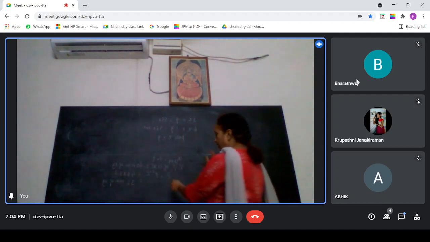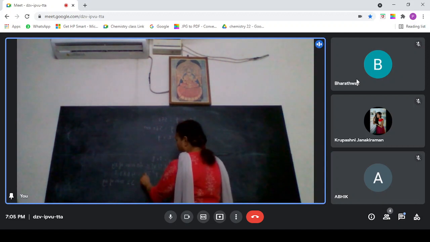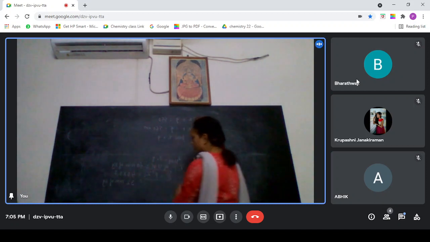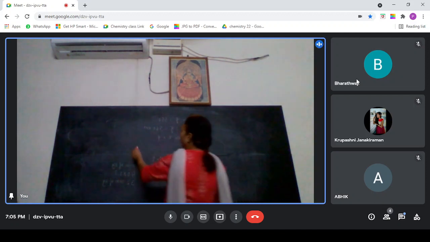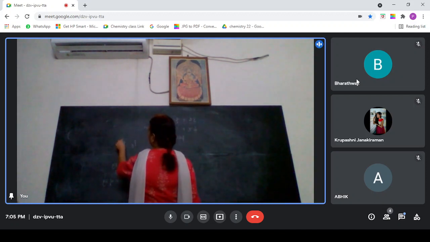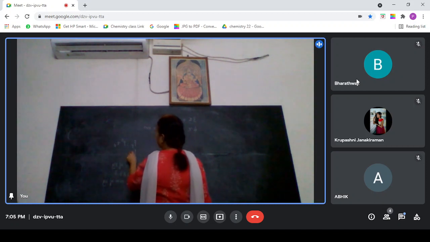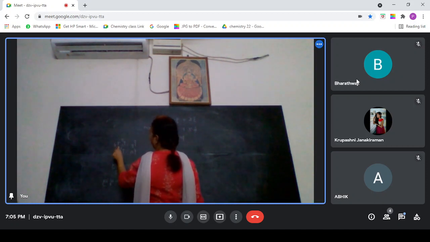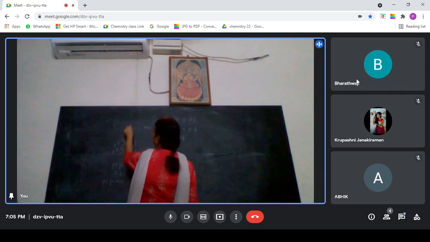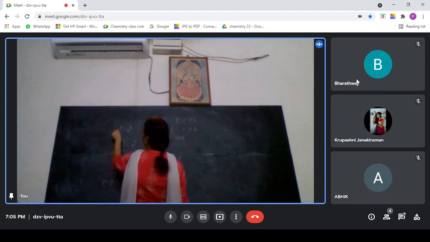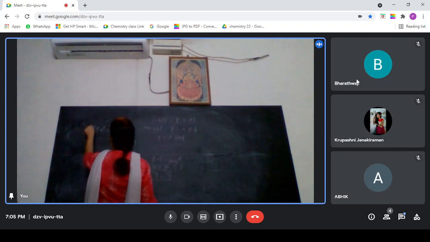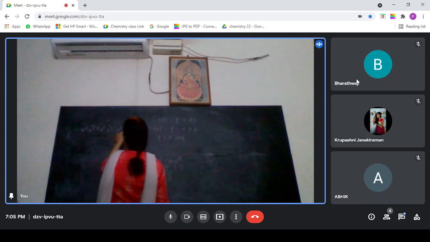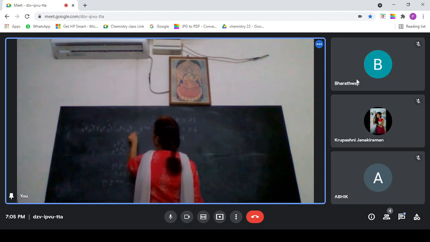So this is Raoult's law for only one solvent. PA is equal to P naught A XA, PB is equal to P naught B XB. What does Raoult's law state? PA plus PB is equal to P naught A XA plus P naught B XB, which is P total.